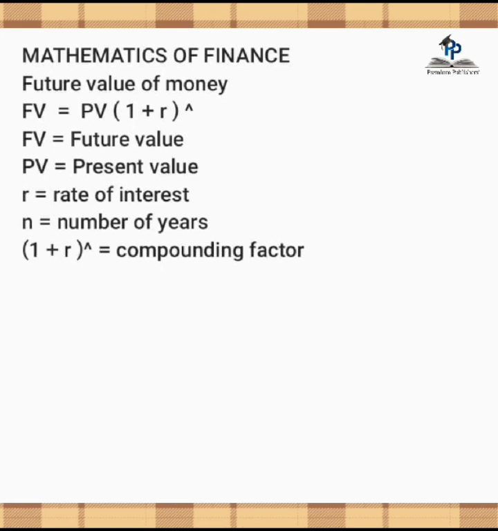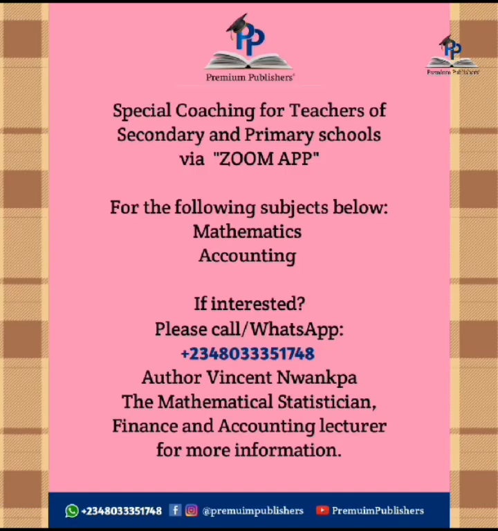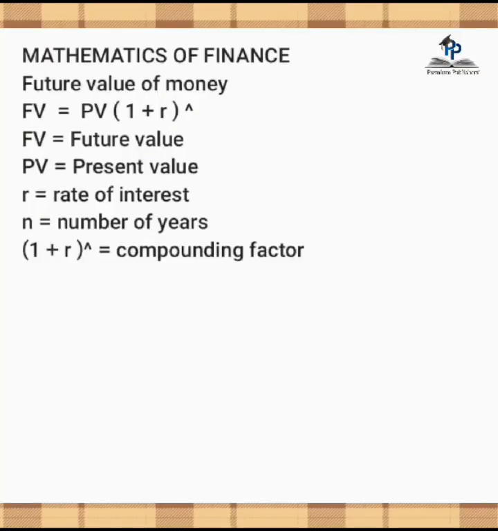Another thing to remember is that in that formula, future value of money, present value of money, rate of interest, number of years, any of the components of the formula, you could be asked to look for it. Now we're looking for the future value of money when the present value is given, the interest rate is given, the number of years is given.